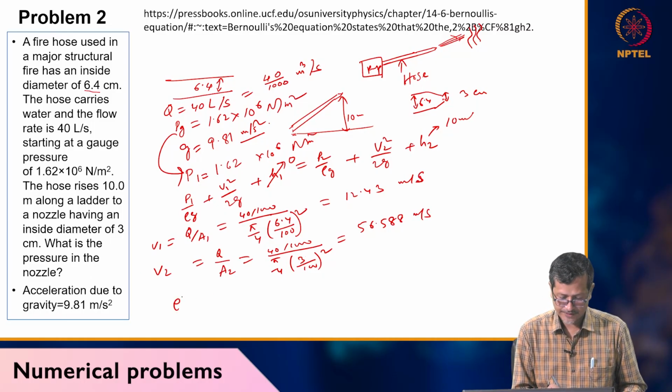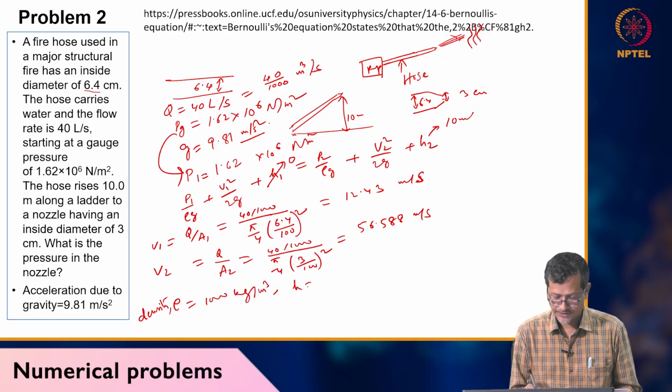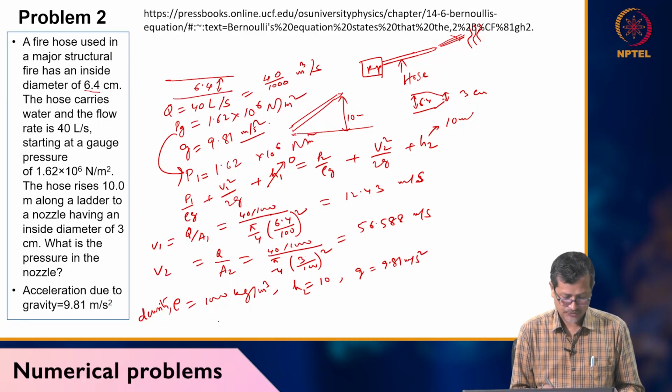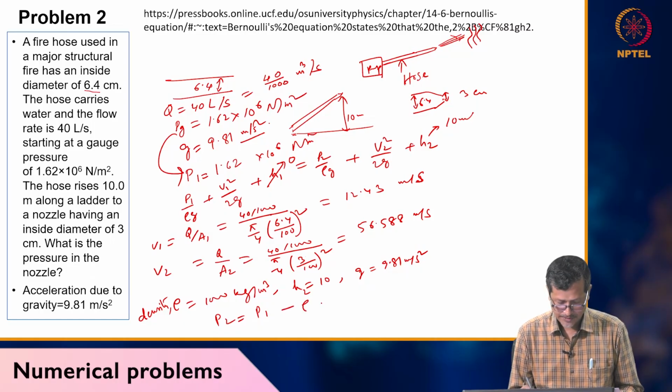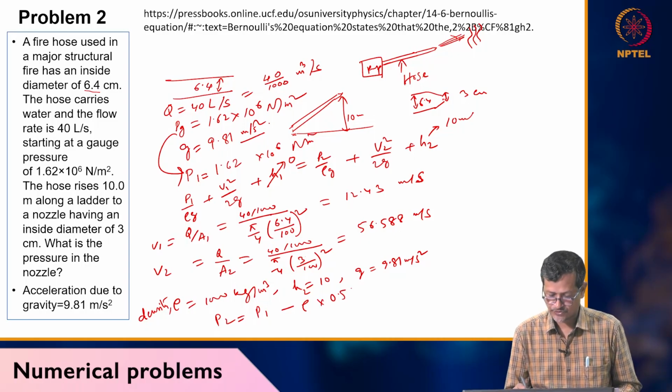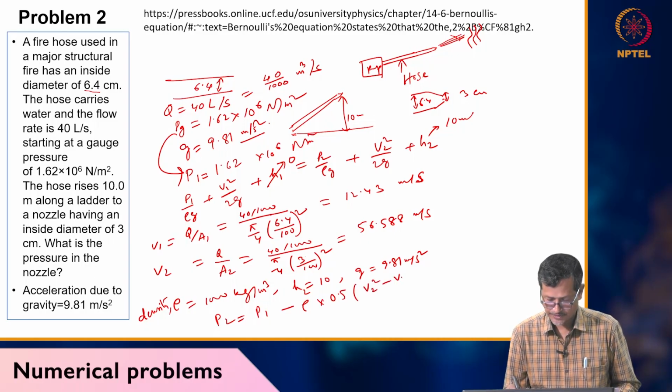Now rho, the density of water, is 1000 kg per meter cube. H2 is given already as 10 meter, and g is given as 9.81 meter per second square. So P2 equals P1 minus rho into 0.5 into (V2 square minus V1 square) minus H rho g.